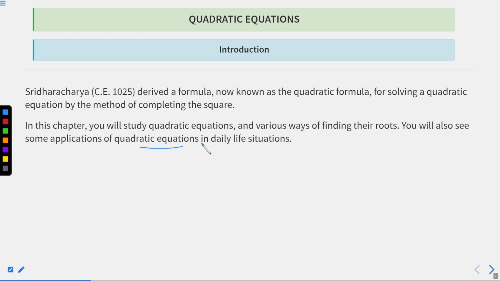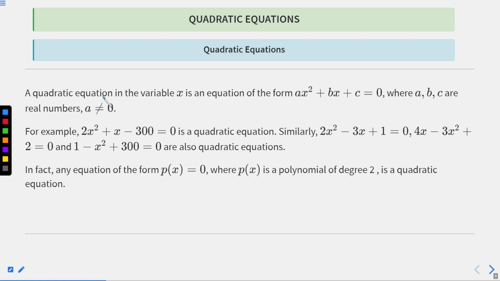Okay, so a quadratic equation in the variable x is an equation of the form ax square plus bx plus c is equal to 0, where a, b and c are real numbers and a does not equal 0. We already have studied this equation ax square plus bx plus c is equal to 0, that is known as a quadratic equation.